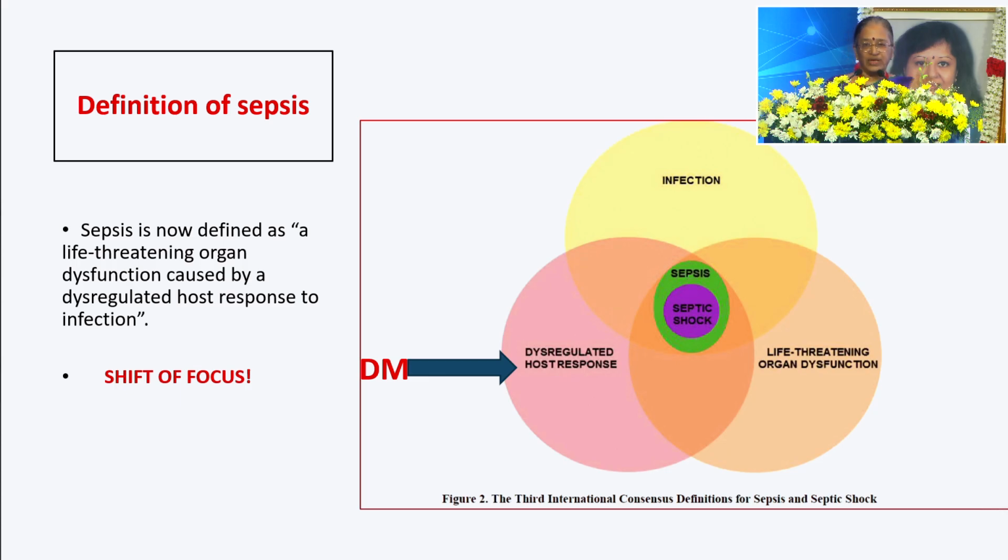That produces an organ dysfunction and that can also cause septic shock. So the whole of infectious disease medicine has shifted from looking at the bacteria to looking at the host, and the response of the host is what causes damage and organ dysfunction.